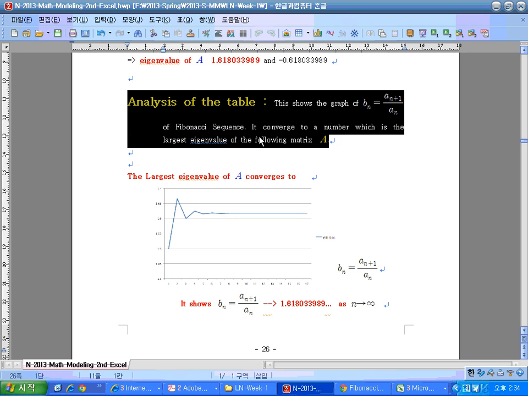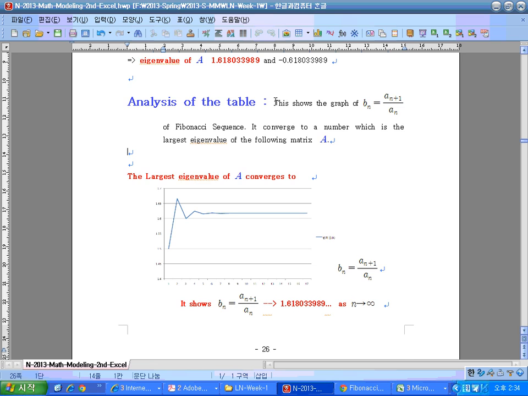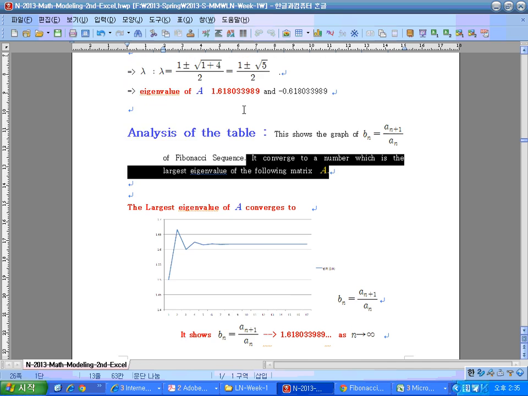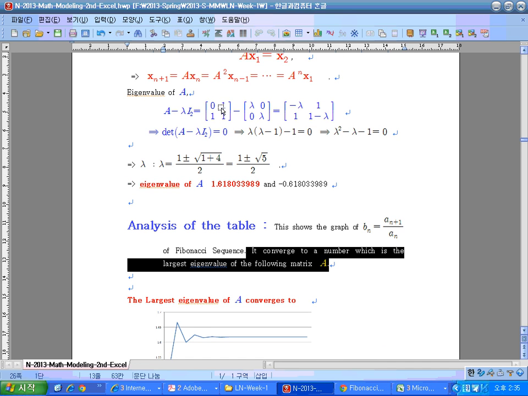So let's analyze the table to understand the meaning of it. This computation shows the graph of Bn, the ratio of the Fibonacci sequence terms, and it converges to a number which is the largest eigenvalue of the matrix A. This is a very important form of matrix.